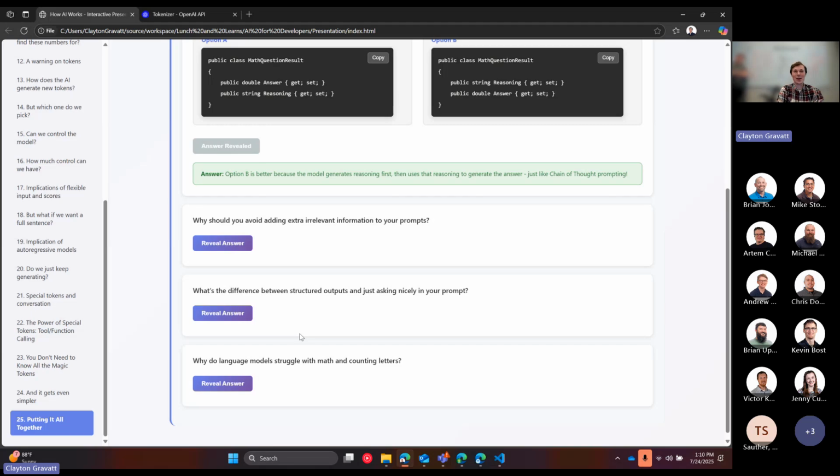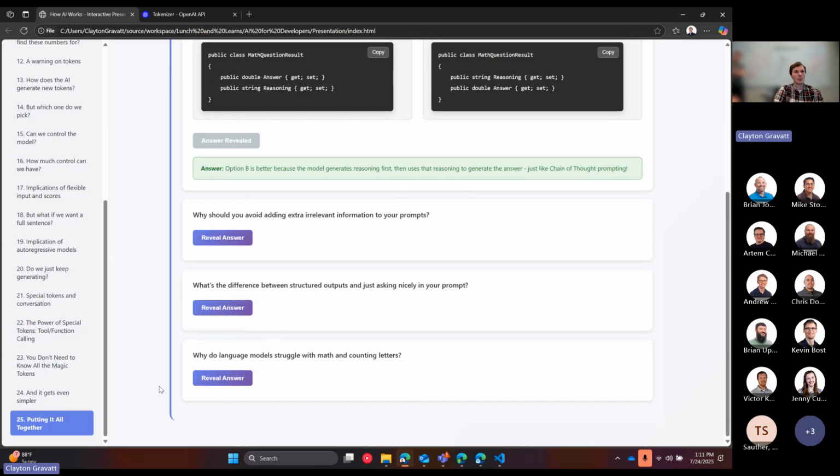Great answer. One, you hope it's good. If you just ask nicely, you can hope it'll do it, but it won't always. There's necessarily randomness baked in. But if you use structured outputs, you can force it to always, unless you ask it to build a bomb or something, then it might reject your request. Otherwise, you don't have to worry about JSON deserialization errors. There are some other things that can happen. Great answer.